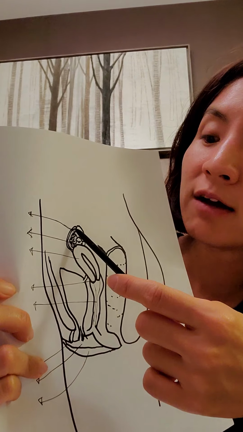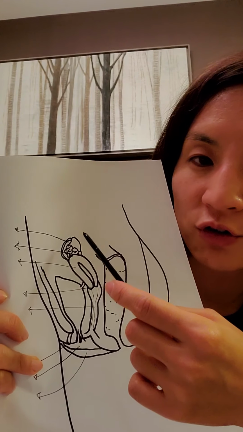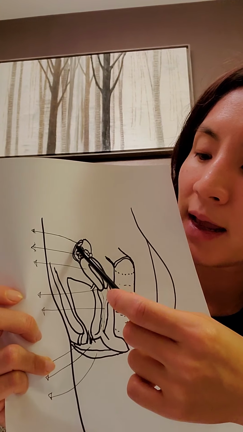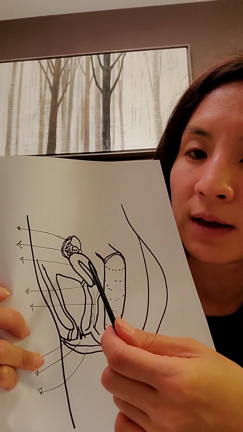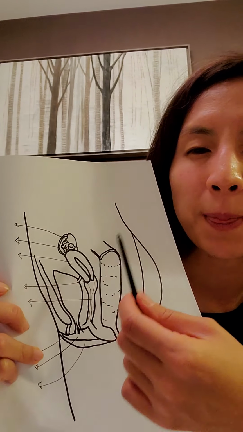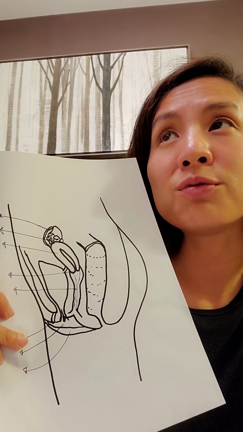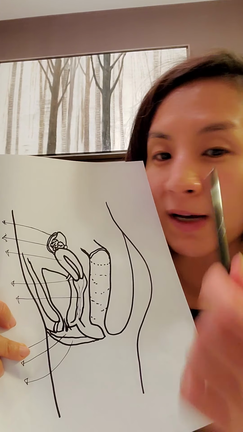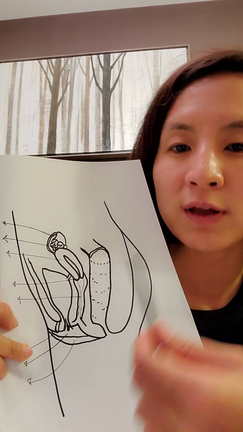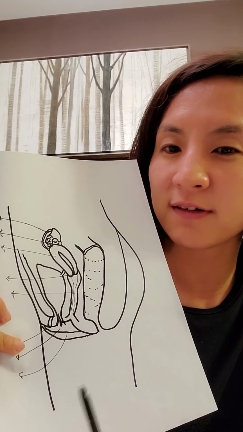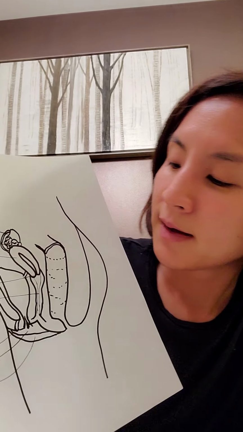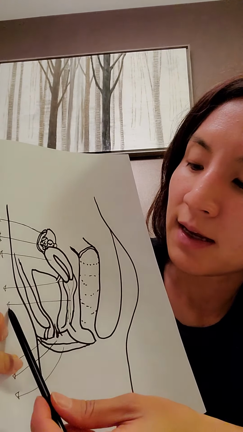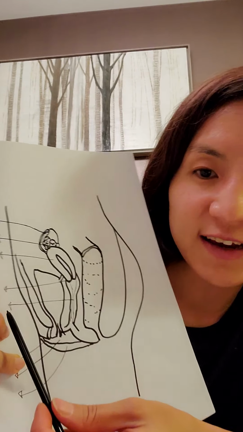The egg will be fertilized in the fallopian tube, and the fertilized egg will be transported to the uterus. There it will be nurtured and developed during the pregnancy. And there is the cervix and the vagina here.